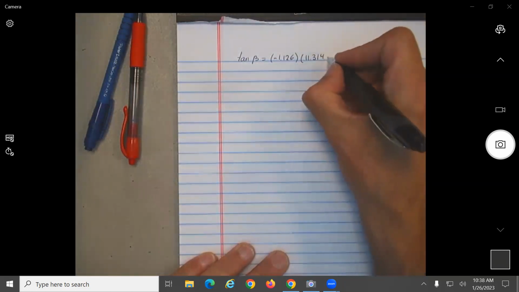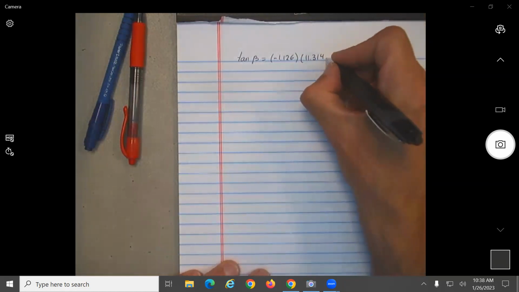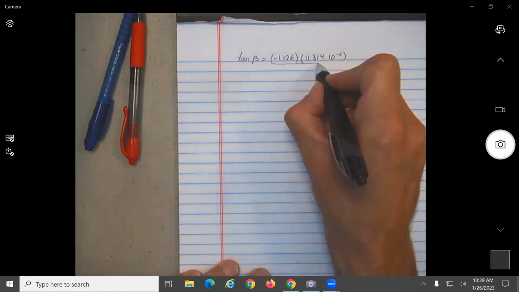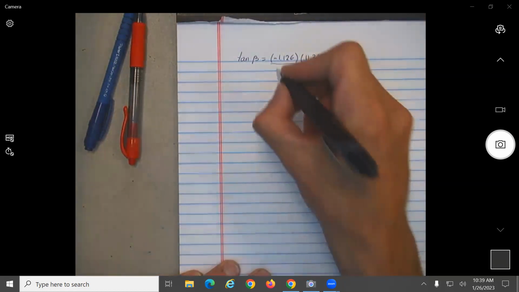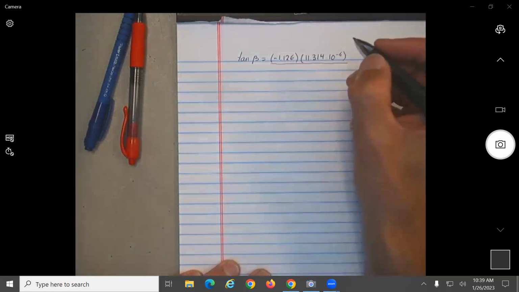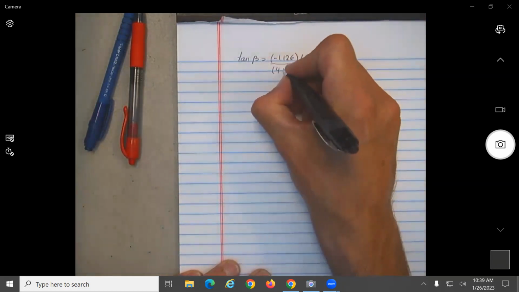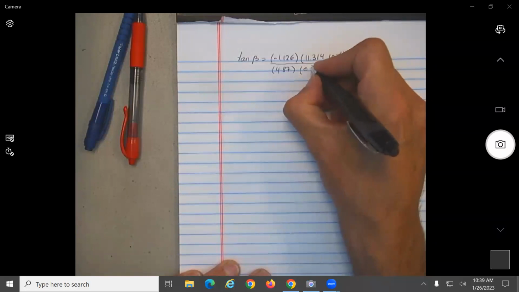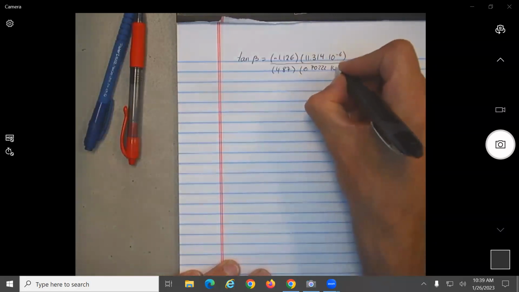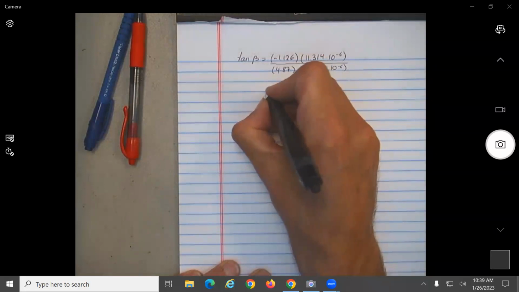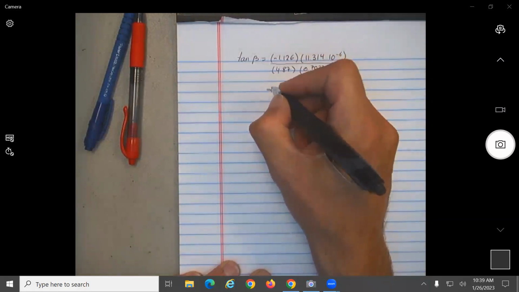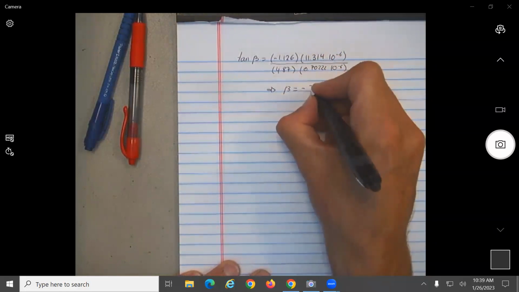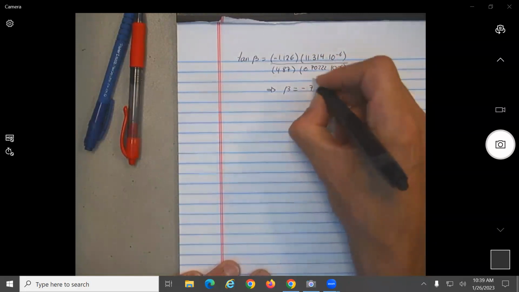You can put 10 to the 6 or 10 to the minus 6, it doesn't matter, because it would cancel anyway, divided by 4.87, the other moment, times 0.70222, I think, 10 to the minus 6. So this will give you that beta is equal to minus 74.95.